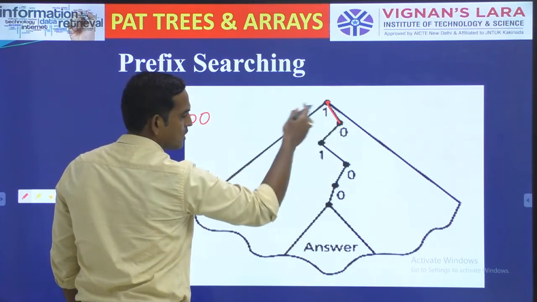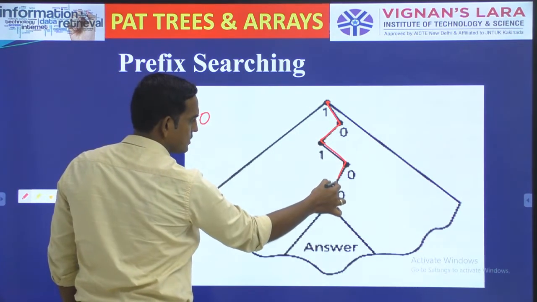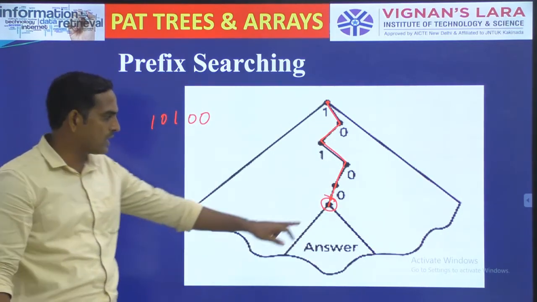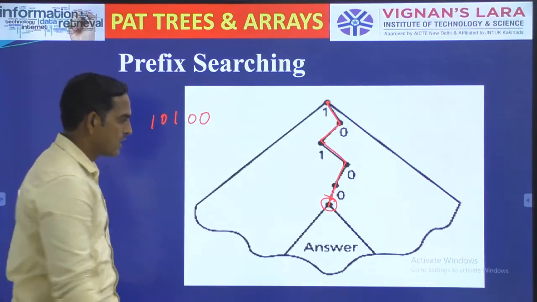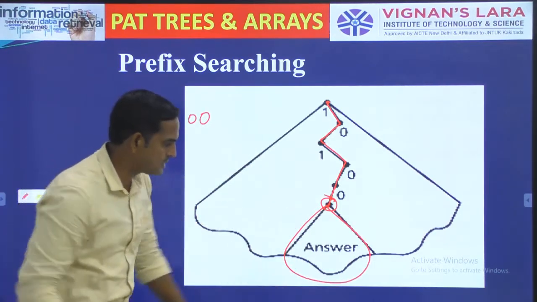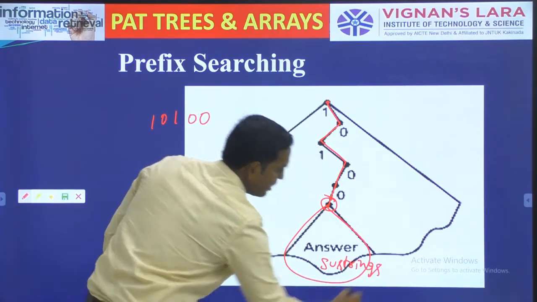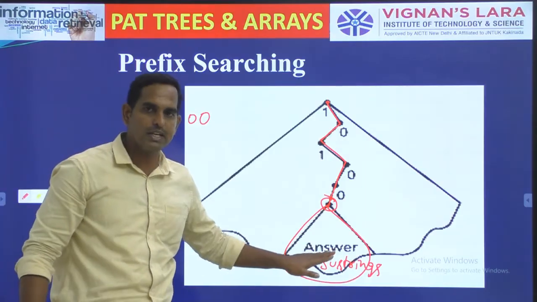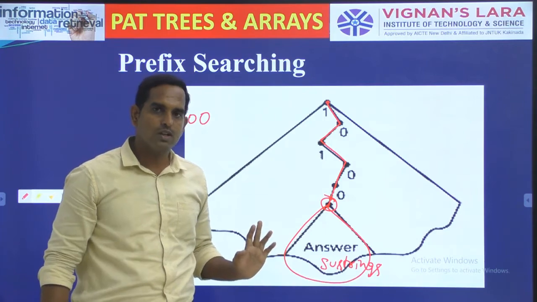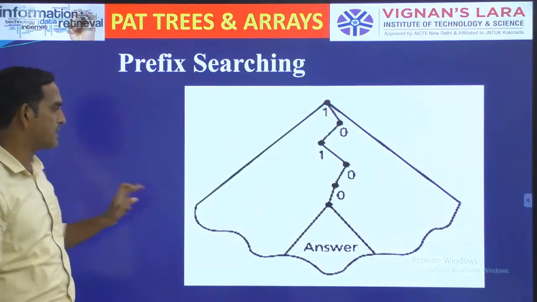When you go for 1, you go to the right hand side, then 0 left hand side, 1 right hand side, 0 left hand side, 0 left hand side. You end at one of the internal nodes, and the complete subtree will be your answer. All the strings in this subtree will be those strings with the prefix 10100. This is how you can perform prefix searching in your path trees.